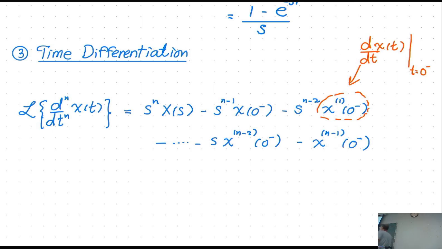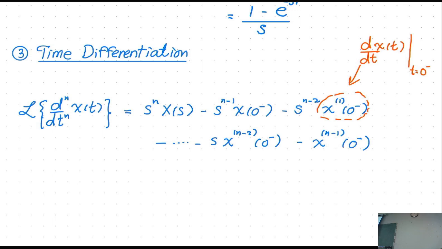We take the first derivative of x with respect to time, and once we do that, it will be a function of time, and then we plug in time equal to 0 negative into the result. We multiply it by s to the n minus 2.